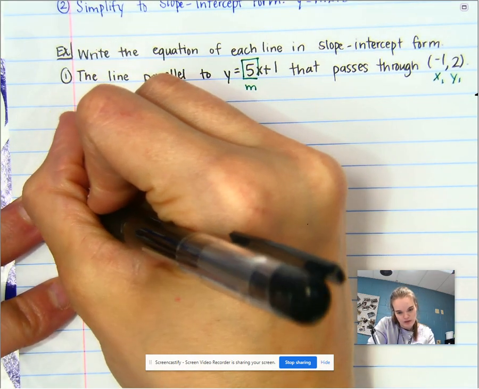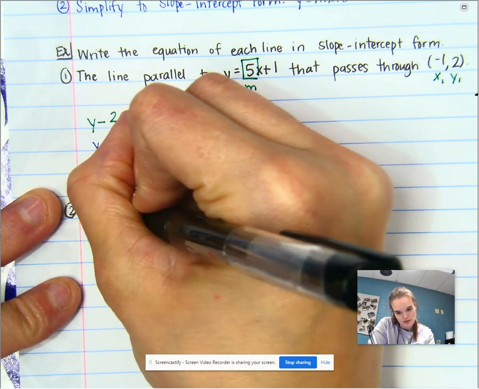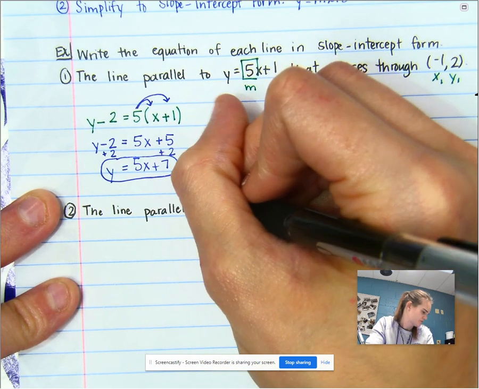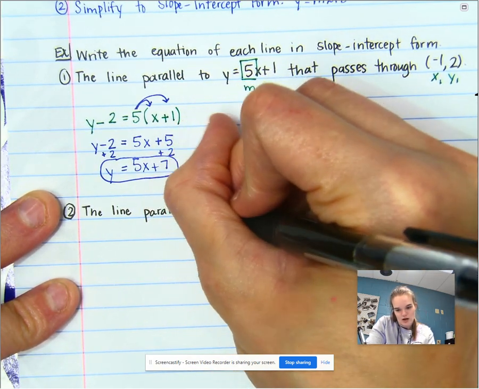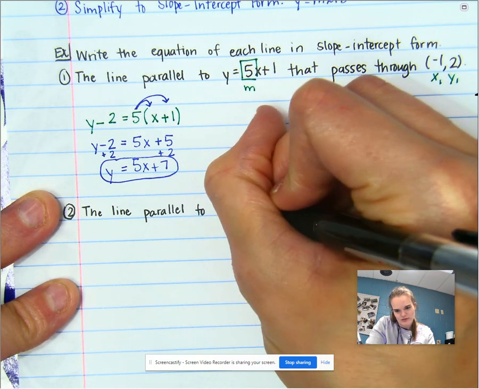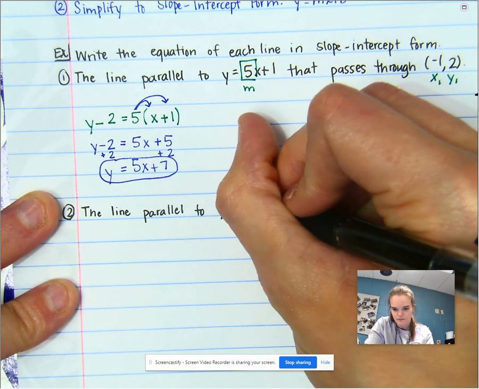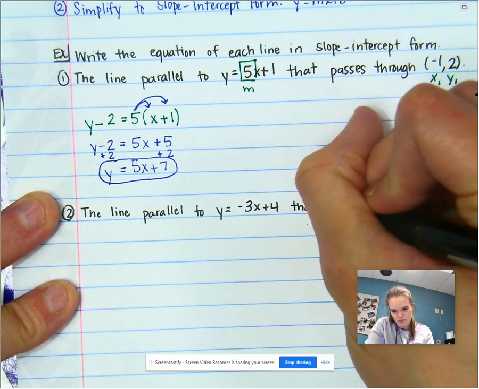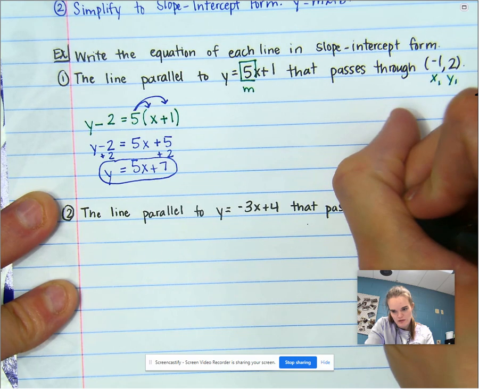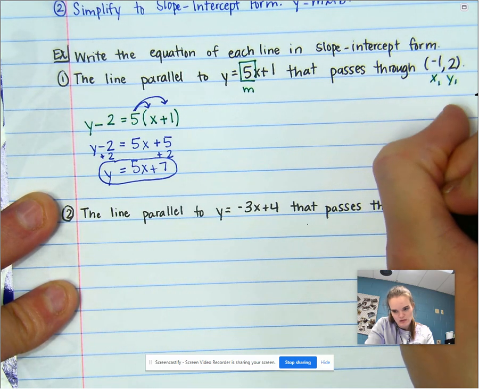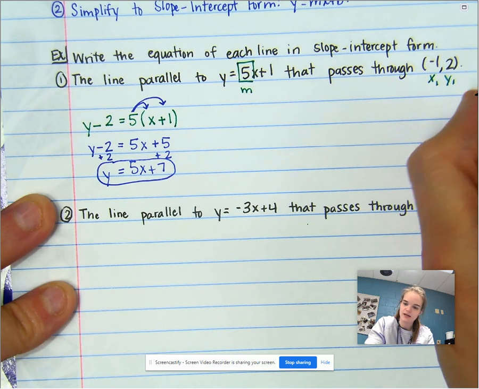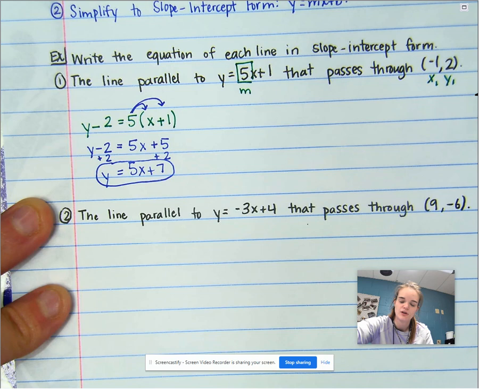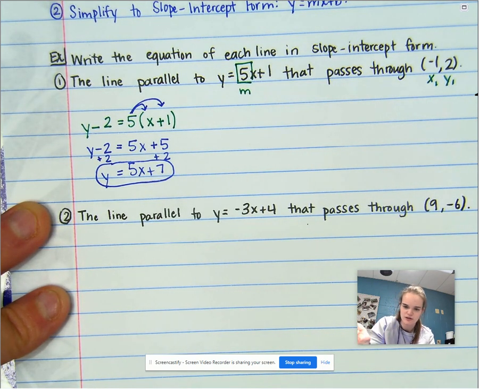Number 2, the line parallel to y equals negative 3x plus 4, that passes through 9, negative 6. So it's just like number 1, just with different numbers. Like I said, I'd pause it and try it on your own.